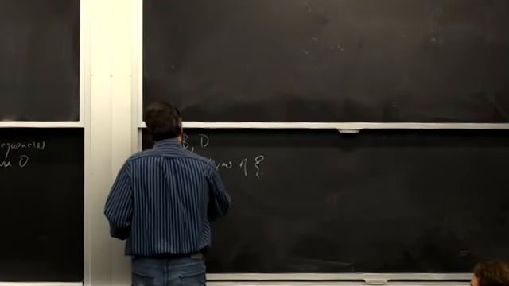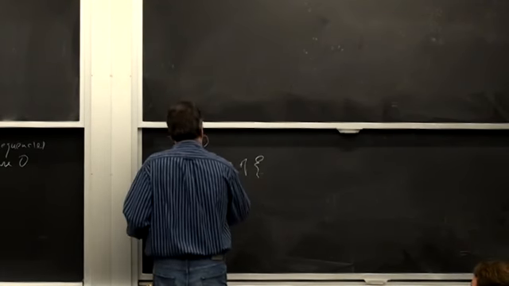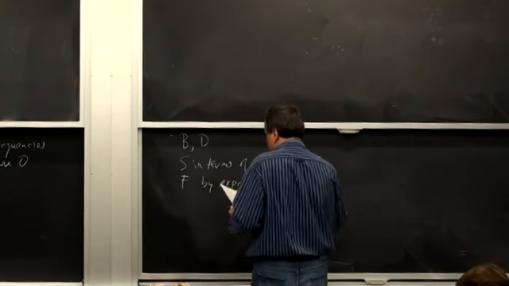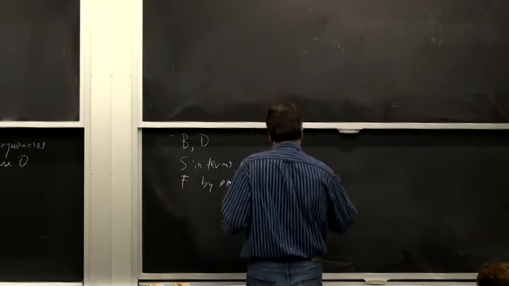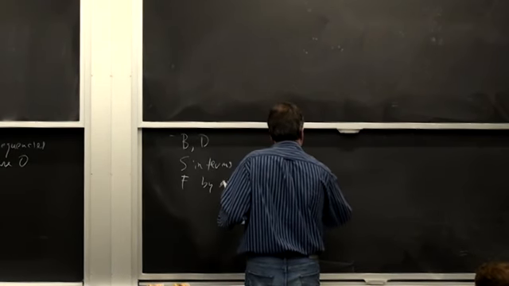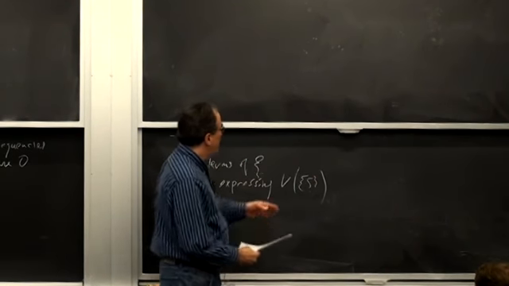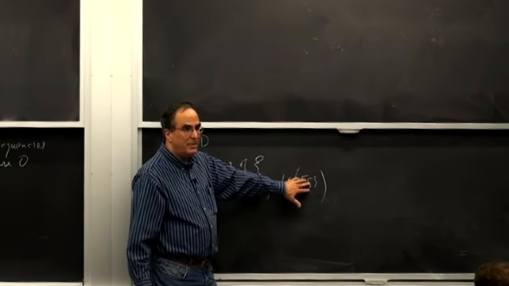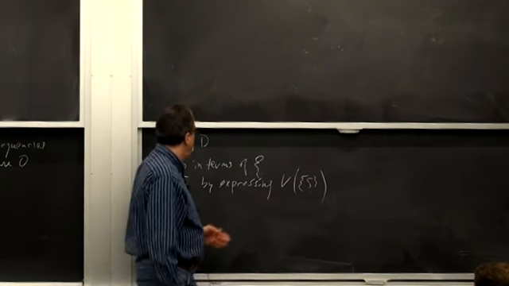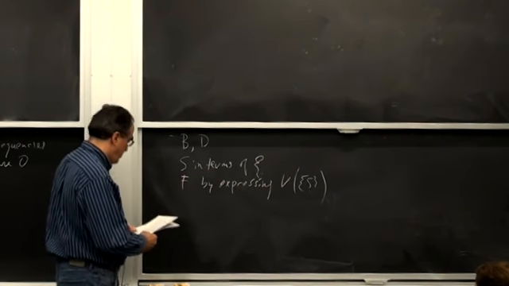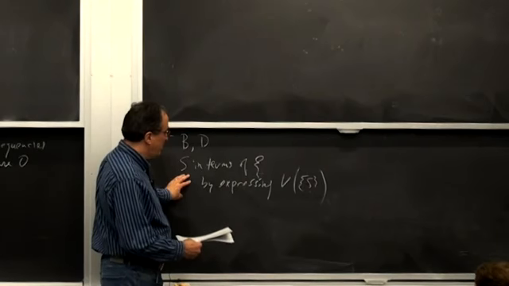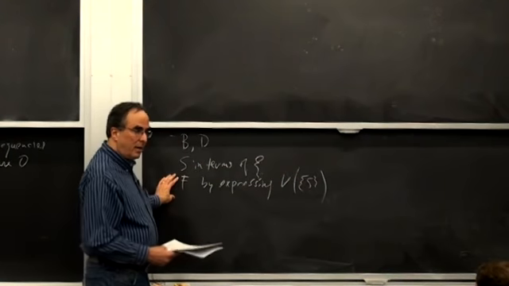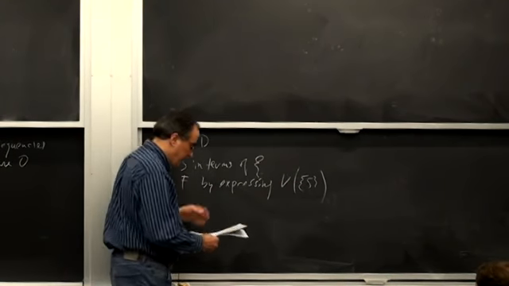We're going to define F by expressing V, the potential, as a function of the S's. So this is a function of 3n minus 6 internal displacements. And we're going to somehow get this F matrix, which will be given by mixed second derivatives of V.